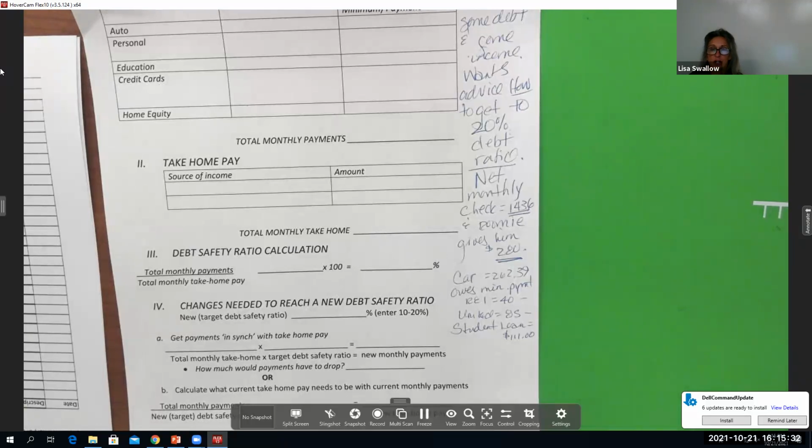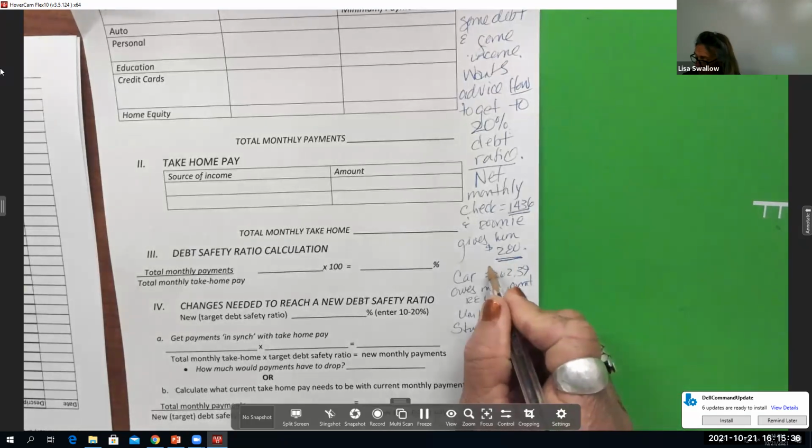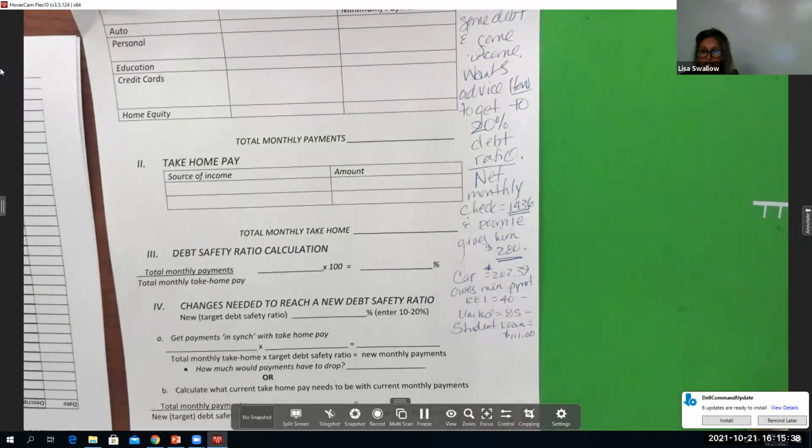And then the next thing you need to know are his payments. Okay. He's got a car payment. He owes $262.39 a month. He's got 2 credit cards. One is a retail card, which we talked about in the lecture, not usually such a stellar idea, with REI.